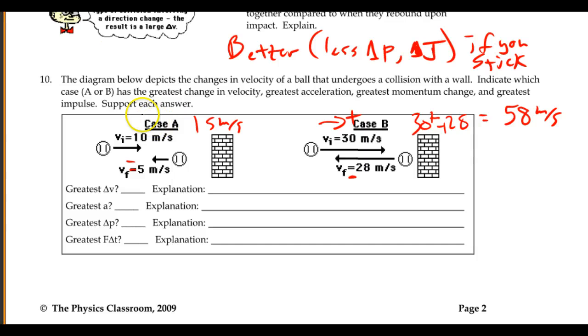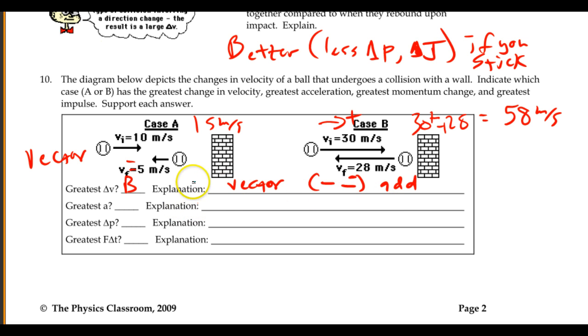So the greatest change of velocity, again, because velocity is a vector, direction does matter, is case B. You are subtracting a negative, which means you're actually going to add those two.